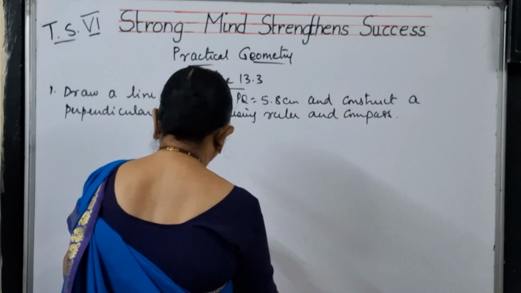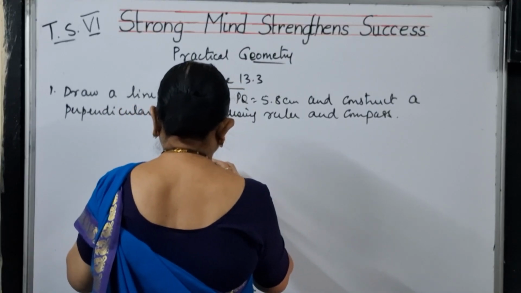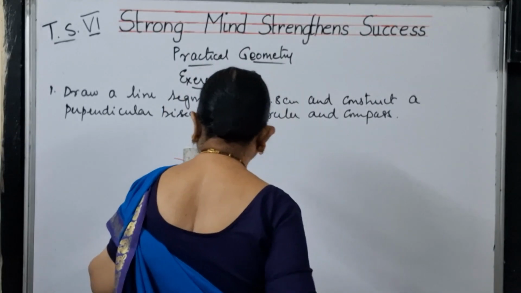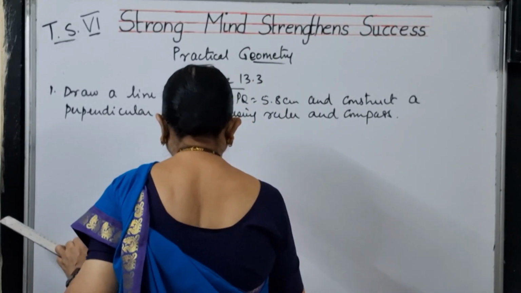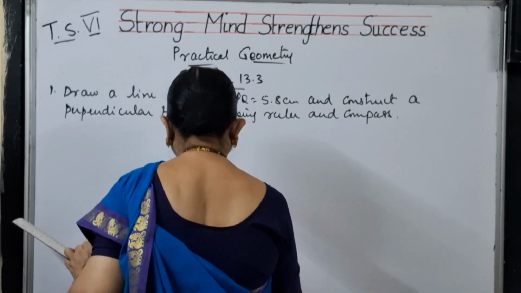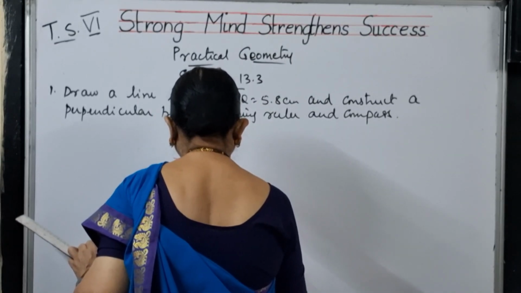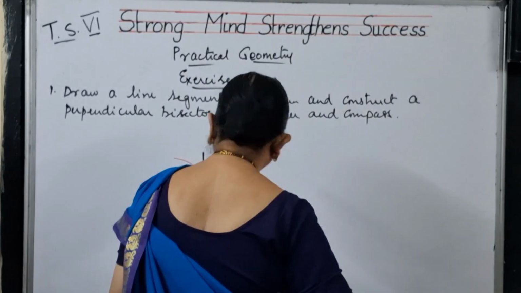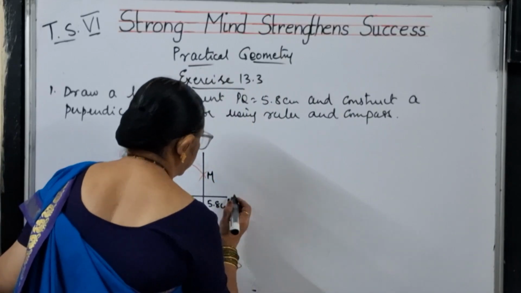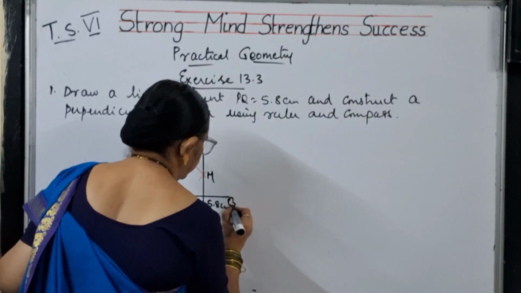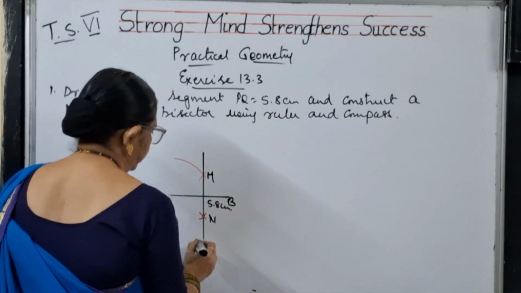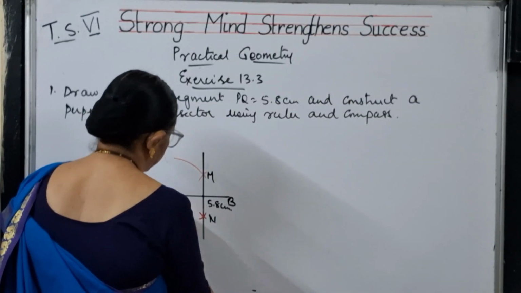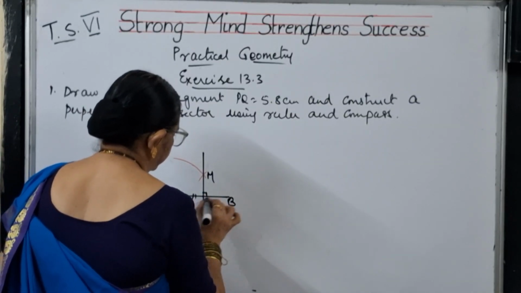Now I need to join this M and N. If I join M and N, I am getting a line segment, and this line segment MN is considered the perpendicular bisector of AB.